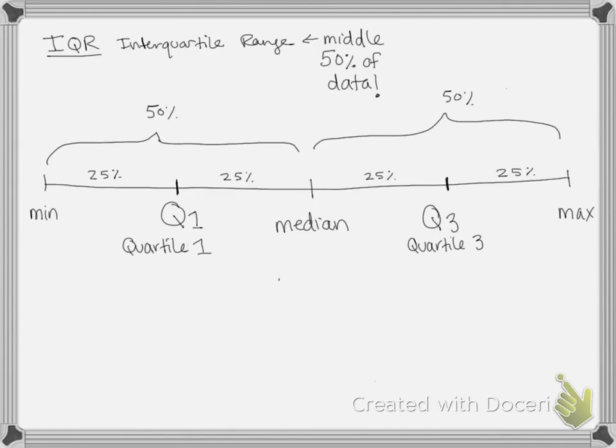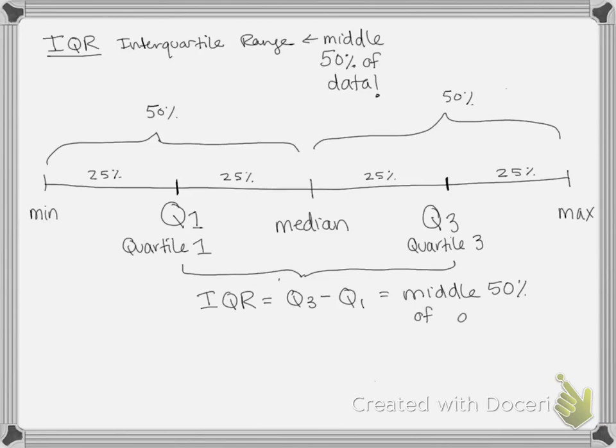And then finally, the IQR is the difference between Q3 and Q1, which represents the middle 50% of the data. And you can see in my picture, it is literally representing the spread that goes around the median.